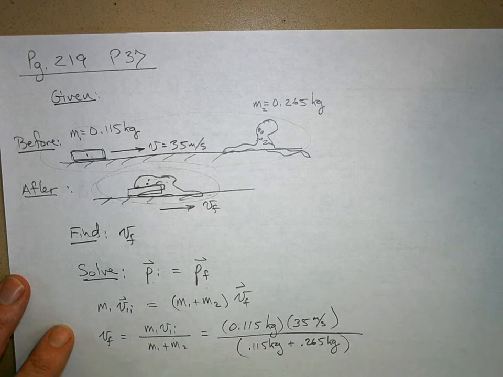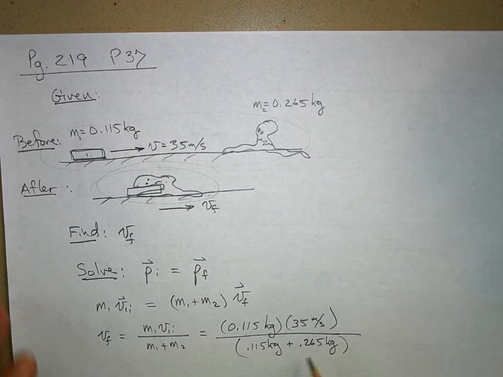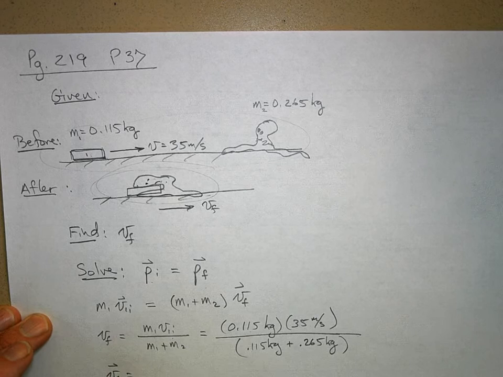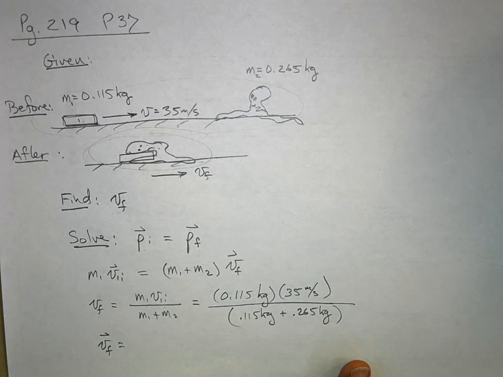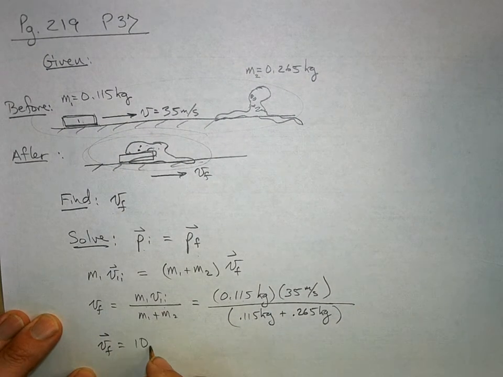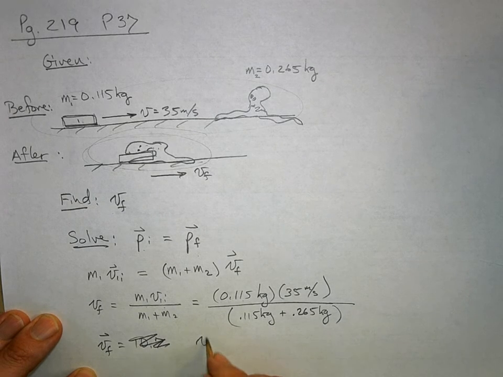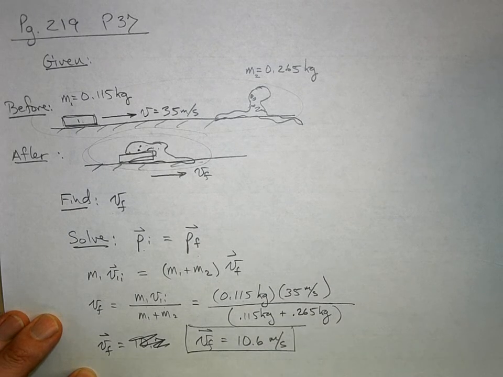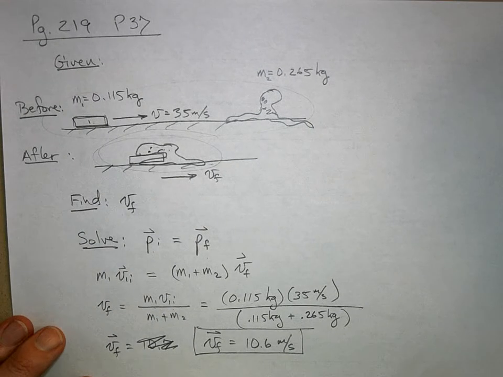So multiply this times this, and you get a little over 4, and you divide that by something that's about 0.3 something, and when you crunch all that into a calculator you get a final velocity of 10.6. V final is equal to 10.6 meters per second. And that's how fast they move off together. Pretty fast, actually.